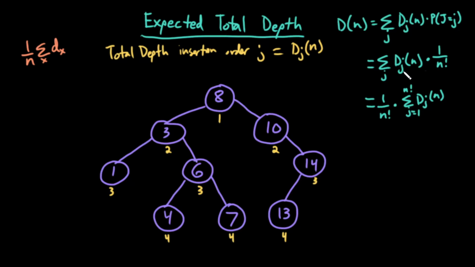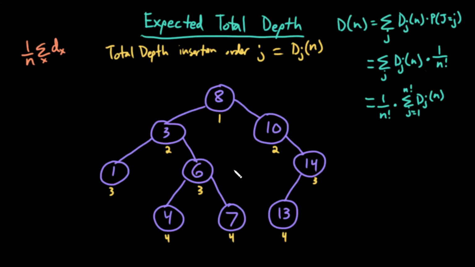So hopefully that follows. Let's just recap real quickly. So we said the total depth of a specific tree is just the sum of the depths of all the nodes. So just real quick to make sure people are following what that means. The total depth of this tree, let's say this tree was created using insertion order. Well, let's not worry about that.